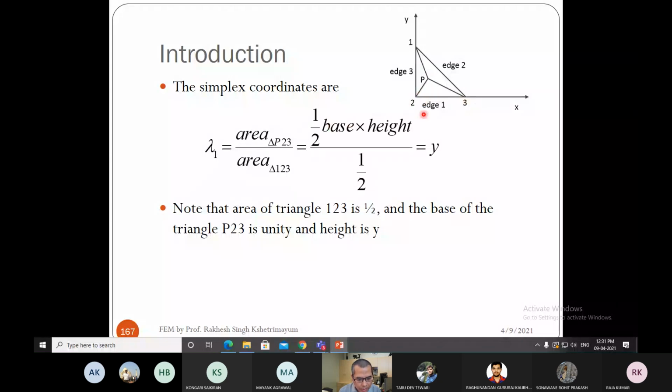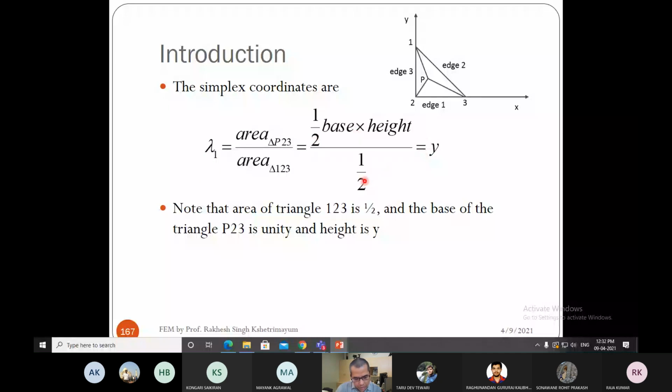Height is y, because P was x, y. So area of triangle P23 would be half y. So lambda 1 is defined simply as y, because half y divided by half is y.